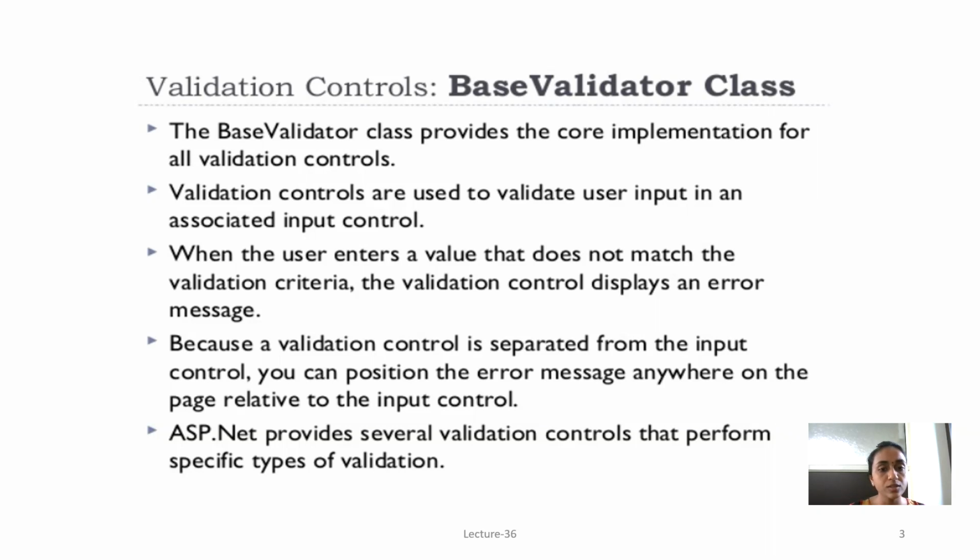Because a validation control is separated from the input control, you can position the error message anywhere on the page relative to the input control. ASP.NET provides several validators that perform specific types of validations.